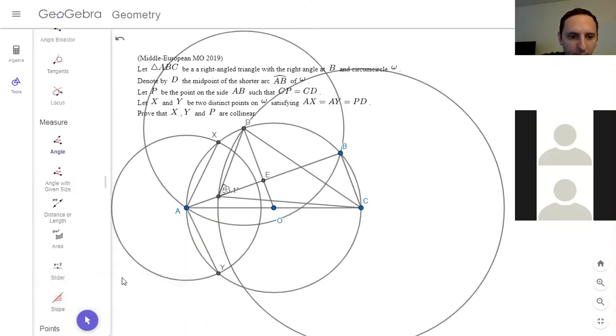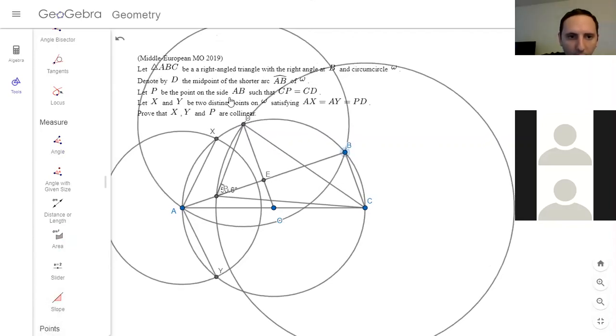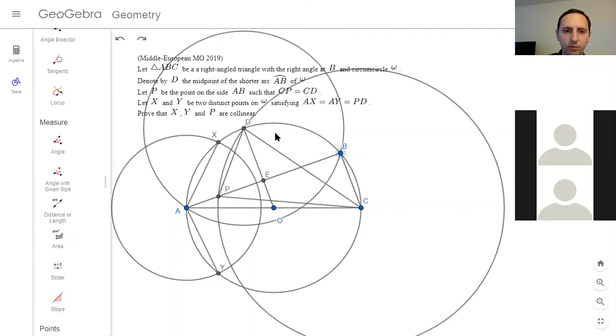Something is weird. Maybe it does. So yeah, exactly. Does that equation just come from right triangles?